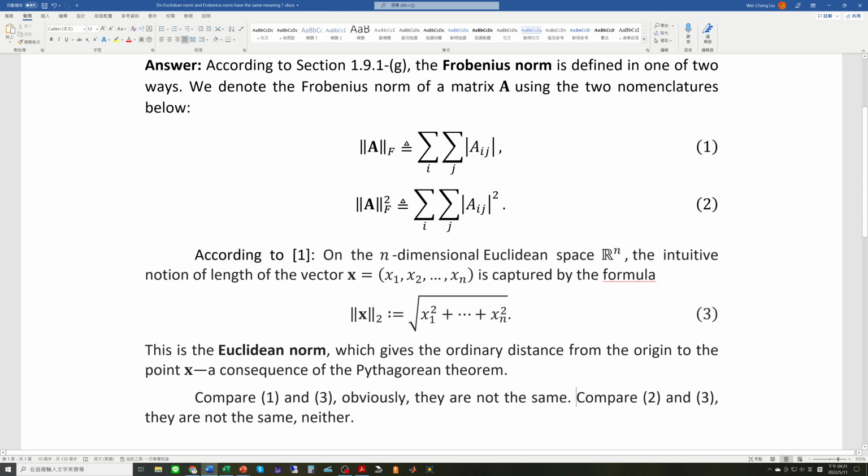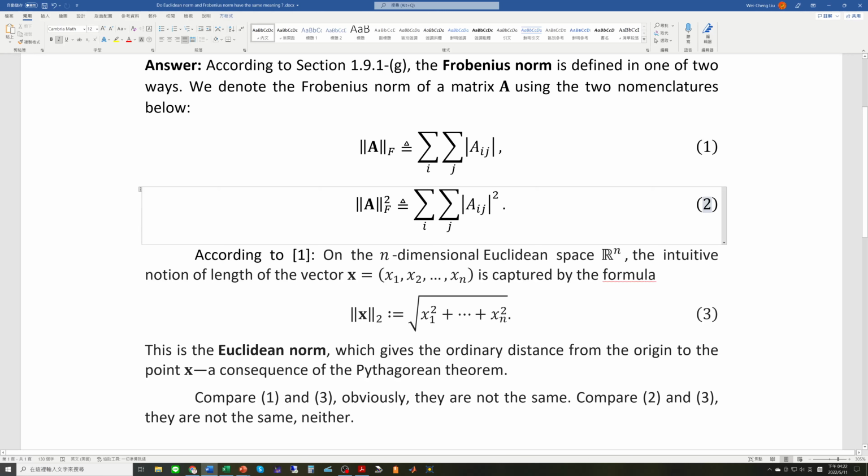And compare 2 and 3, they are not the same either. Let us see equation 2. The square of the Frobenius norm is defined as the summation of the square of the absolute value of each element.